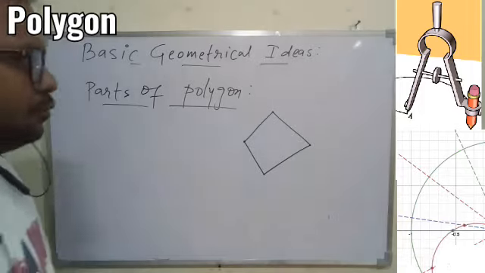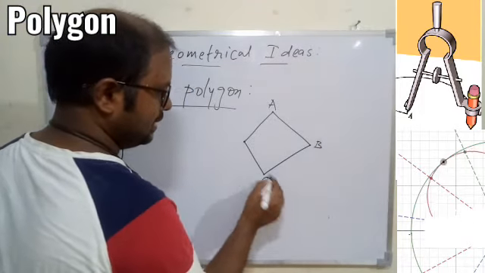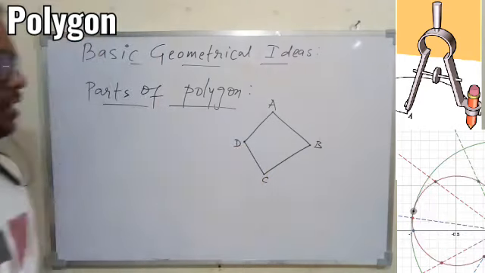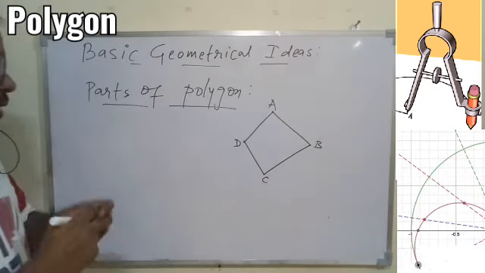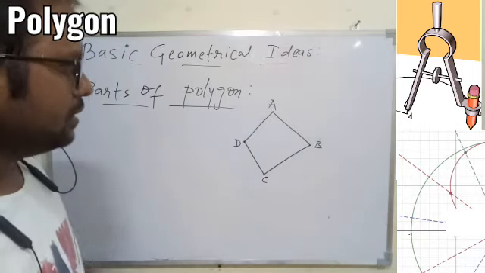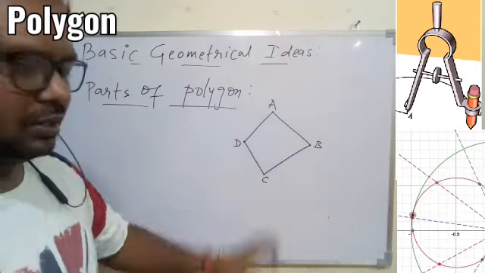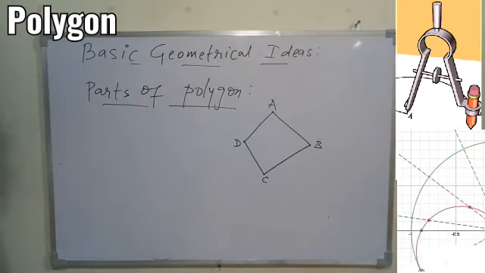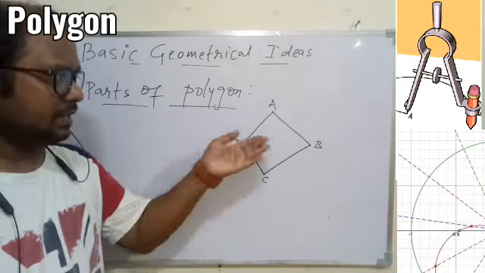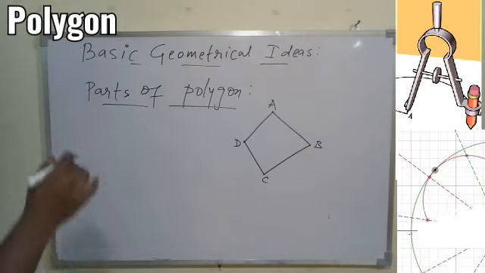Let's give names to the different points: A, B, C, D. So we have a polygon of 4 line segments, that is AB, BC, CD, and DA. These line segments that you see in a polygon are given the name called sides.